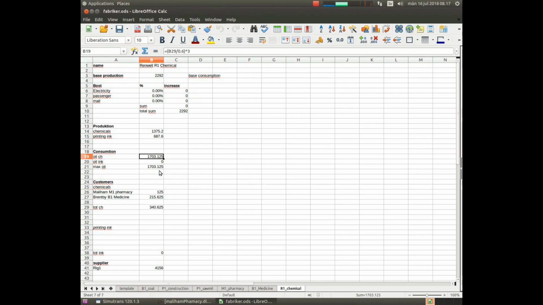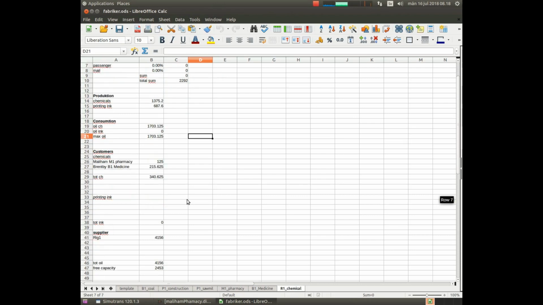So we need to take the maximum consumption of oil. That means we introduce a new formula, max, which simply takes the biggest number and returns it. Now we know how much oil this industry will need. And it's also automated.